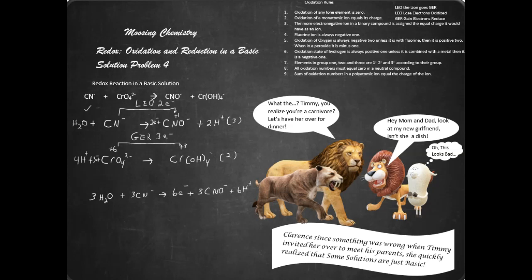Okay, and on the bottom, we're going to get 8 hydrogens plus 6 electrons plus 2CrO4 2 minus yields 2CrOH4 minus.